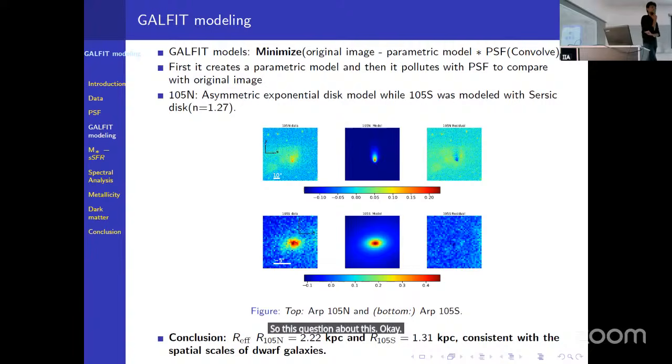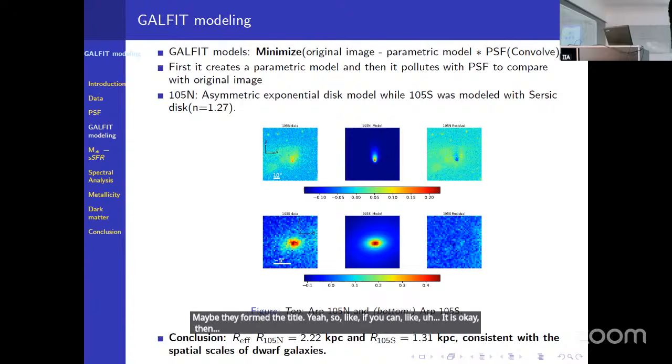Just one comment. There are these ultra diffuse galaxies, right? Some of them are supposed to be dark matter dominated. So can your work explain those as tidal dwarf galaxies? Okay, maybe they form as tidal dwarf galaxies. Yeah, so if it is okay, then you can look for metallicity. If they have high metallicity, then they may be TDGs. That's one thing to look for in a TDG candidate.